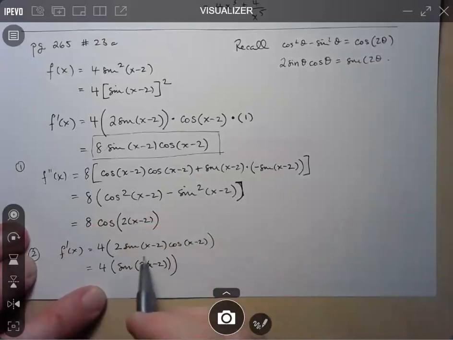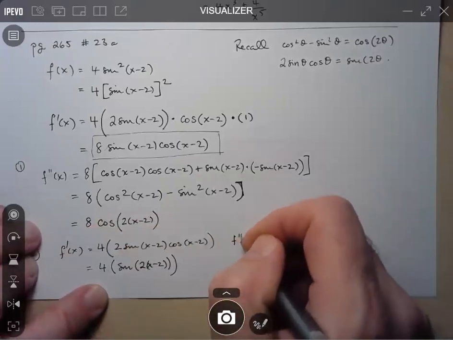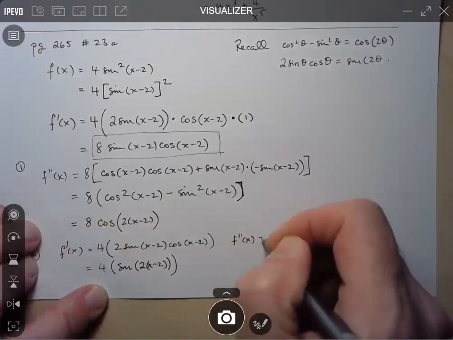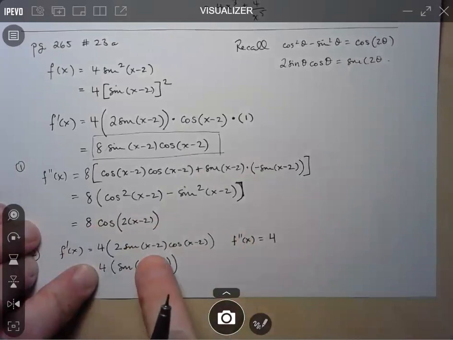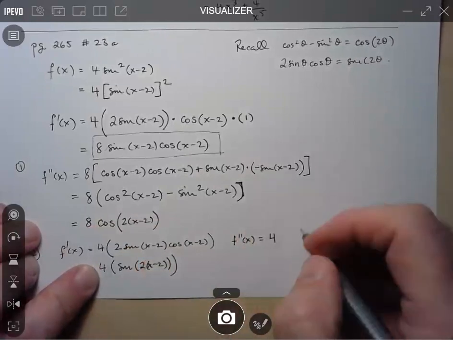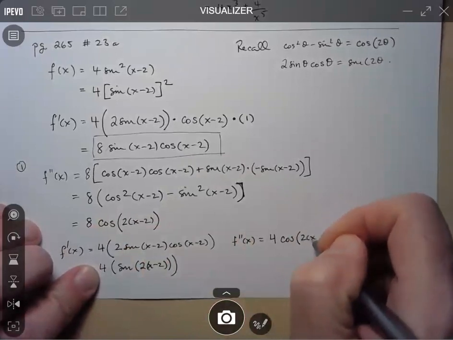If I take the derivative from this expression, let's see what we get for the second derivative. Okay, 4 is just a constant. This whole thing here is like my u. What's the derivative of sine u? Cos of u.